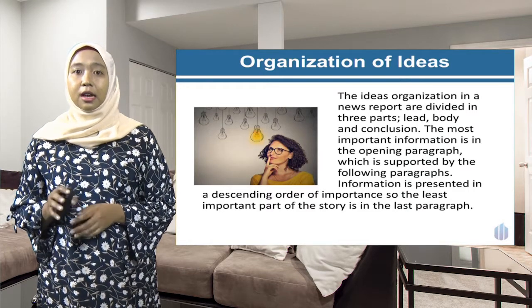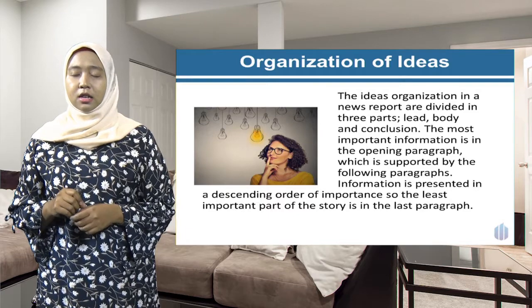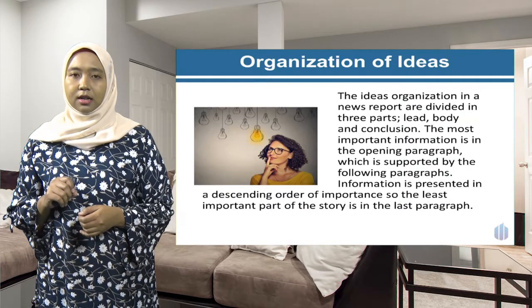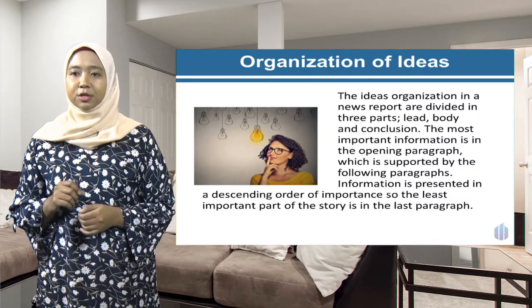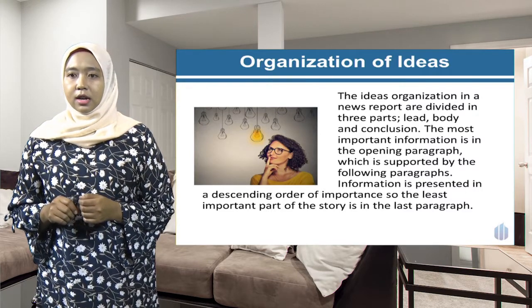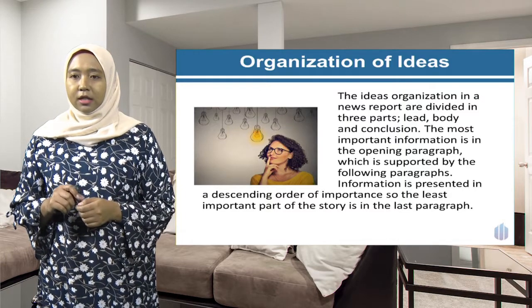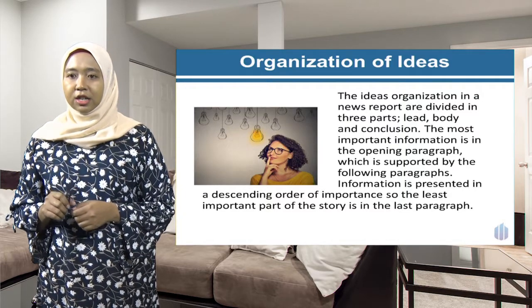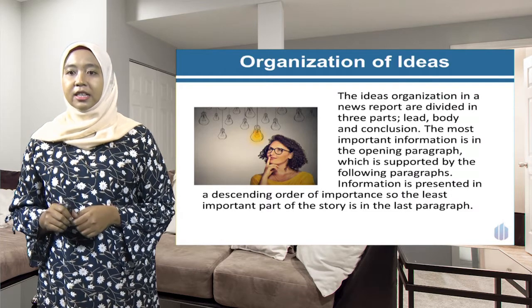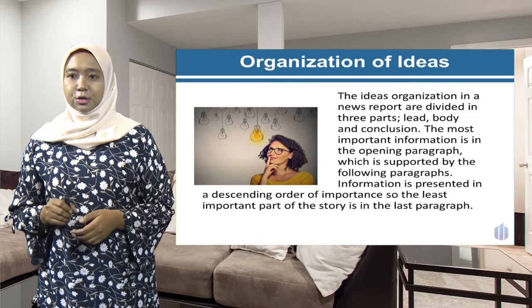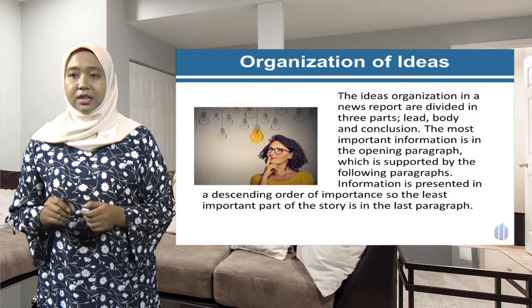Although there are some other parts of a news article, for example the byline, and then the images with their captions, and also graphs or maps, etc. The ideas in a news report are divided into three parts: lead, body, and conclusion. It is about the ideas.